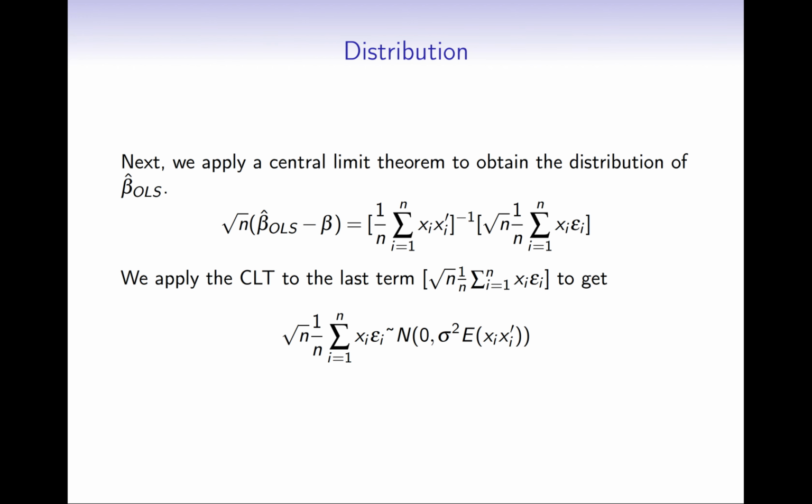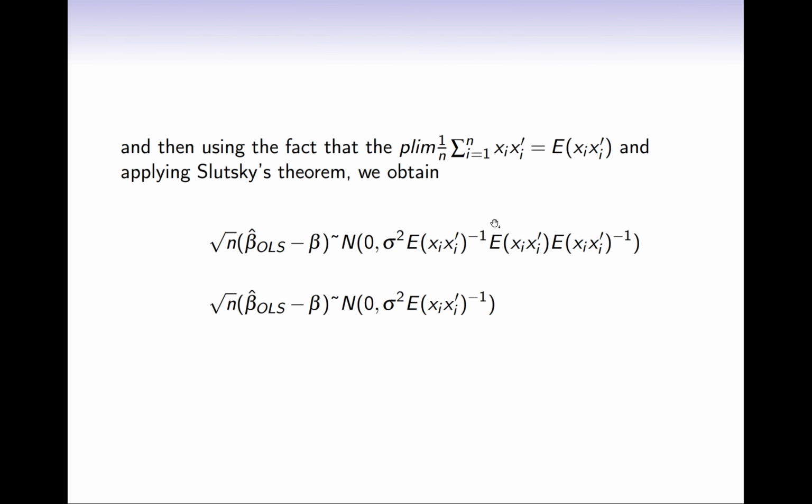So you write it with the law of iterated expectations so that you have E of epsilon_i squared given x_i, and that's what we assumed was equal to sigma squared. So that's going to be the distribution of this object. And now it's where we have to apply Slutsky, because this converges in distribution and this converges in probability. So the overall term is going to converge in distribution by Slutsky's theorem.